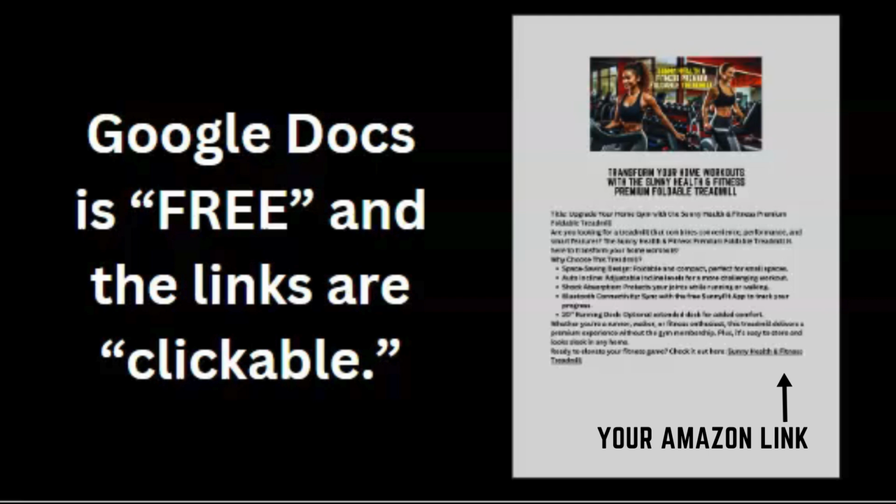And when you copy and paste your blog that you got from ChatGPT, you will be able to get a link that you can post anywhere on your social media platform, wherever you would like to. And that link would take them directly to the Amazon sales page. As you can see written on the screen, Google Docs is free and the links are clickable.